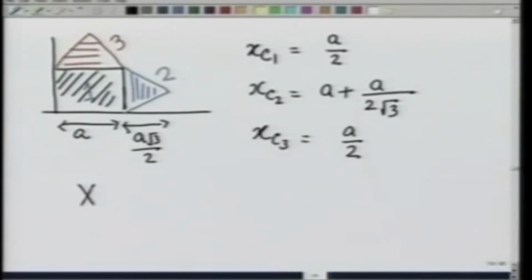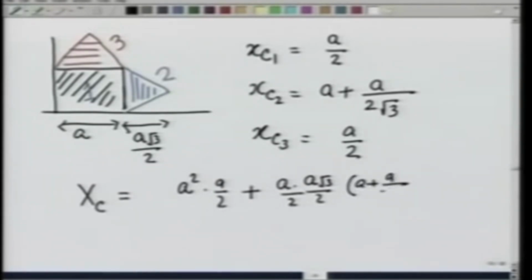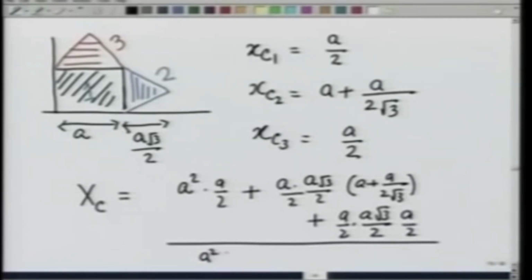And therefore, x c of the entire assembly is going to be equal to the area of the first square, which is a square, times a by 2, plus the area of the second one, which is going to be equal to the base, which is a, times the height, which is a root 3 by 2, divided by 2, that is the area, times x c 2, which is a plus a divided by 2 root 3, plus the area of the third one, which is a by 2 times a root 3 by 2, times a by 2, divided by the total area, which is a square plus a by 2 times a root 3 by 2 plus a by 2 times a root 3 by 2.